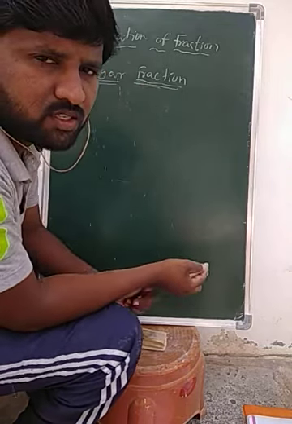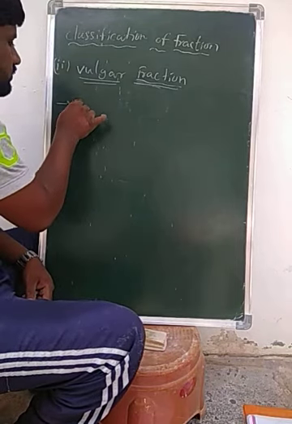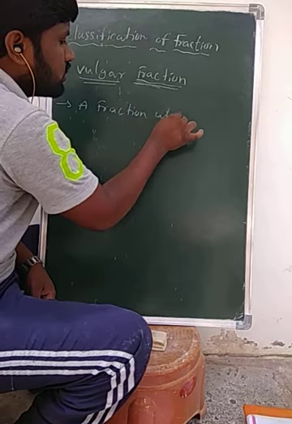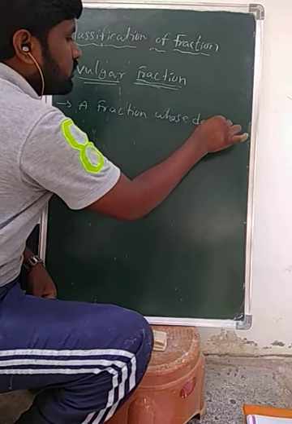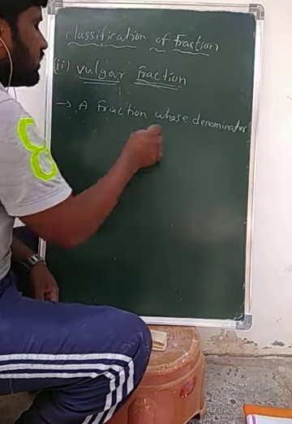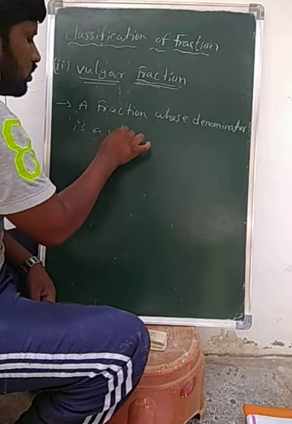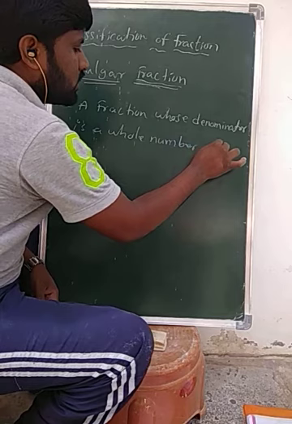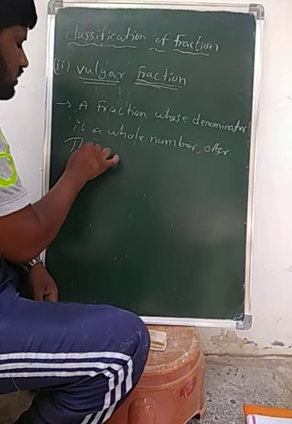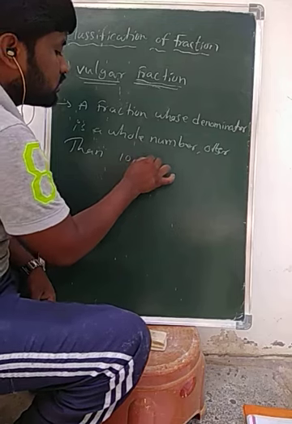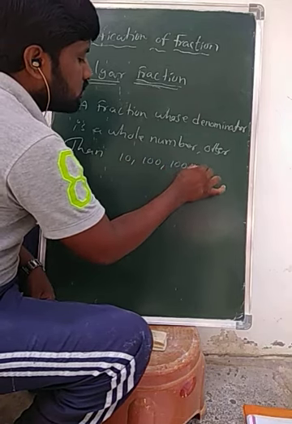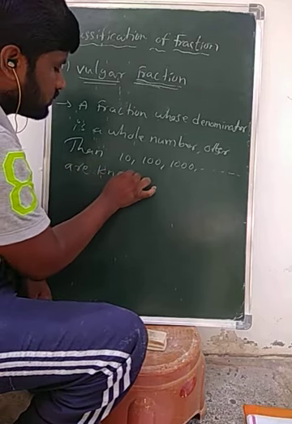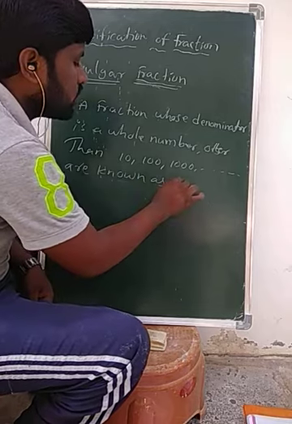A vulgar fraction means a fraction whose denominator is a whole number other than 10, 100, 1000 and so on are known as vulgar fractions.